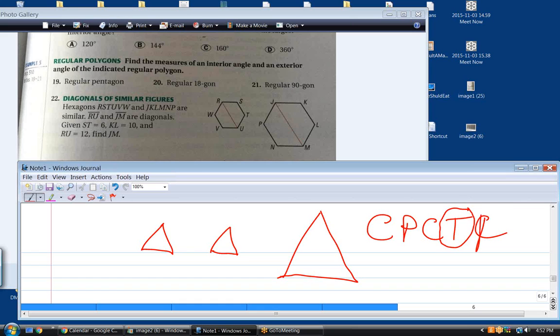This actually should say proportion. Corresponding parts of... I'm going to end up with a completely different anagram here. It's corresponding parts of similar polygons are proportional. And that's why they don't have one, but that's the essence of it.